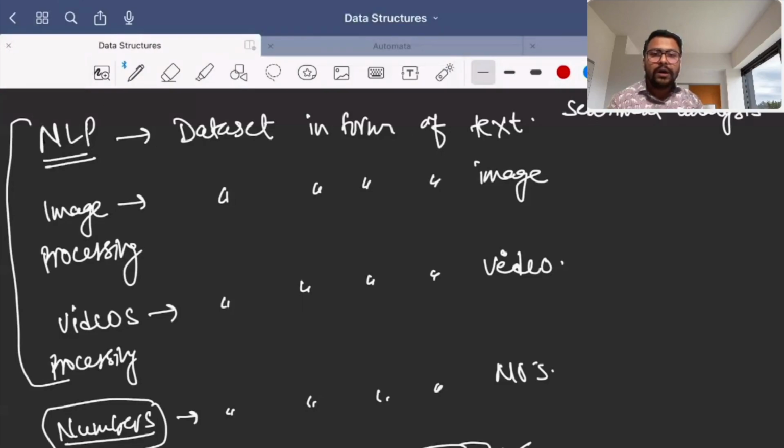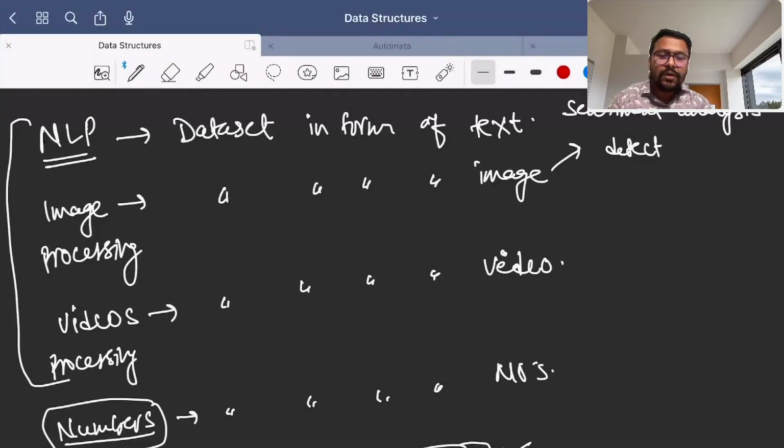We have some kind of blogs, comments or tweets, or other data in the form of text, where we want to understand the sentiment of a person or a large number of persons or a group. Or we have images where we want to detect something.